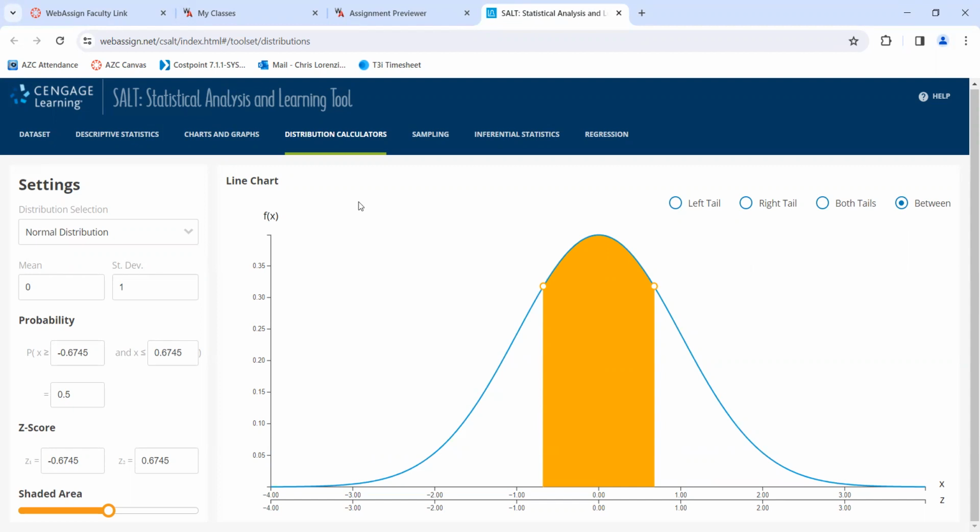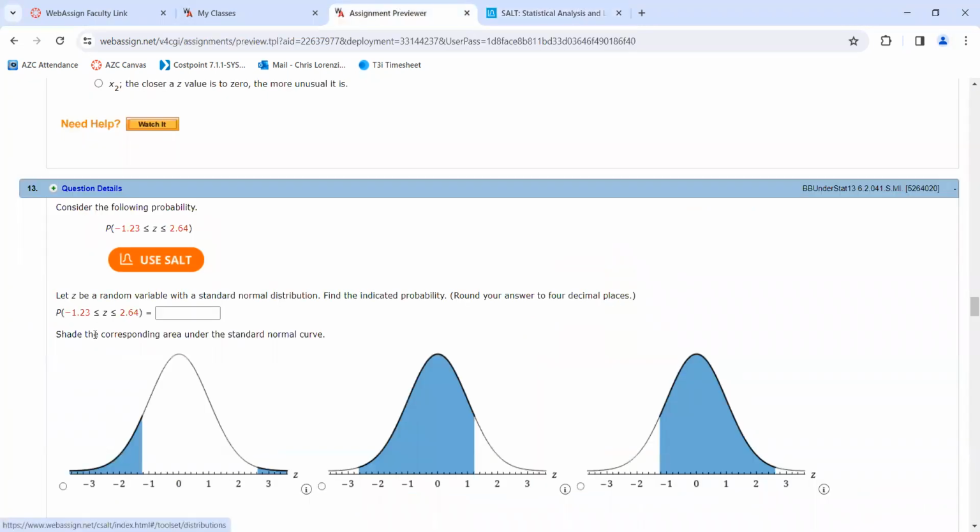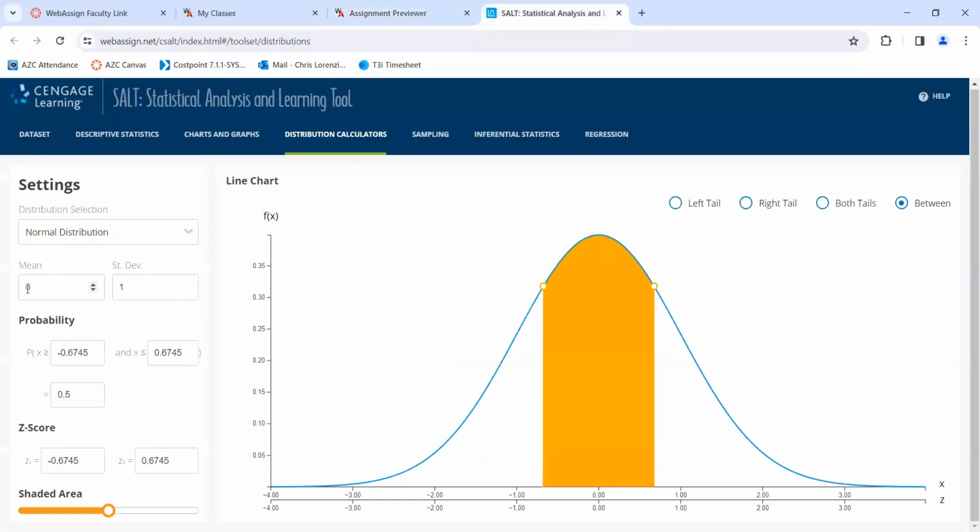So as I'm taking a look at these things, we go back to the problem and it says, find the area between negative 1.23 and 2.64 on the standard normal distribution. So the standard normal is a mean of 0 and a standard deviation of 1.